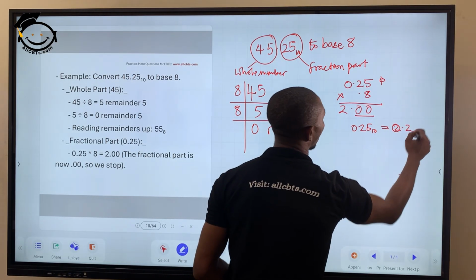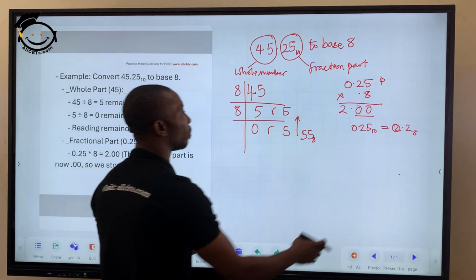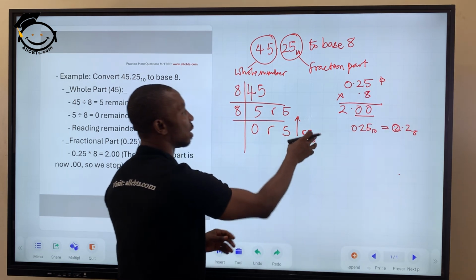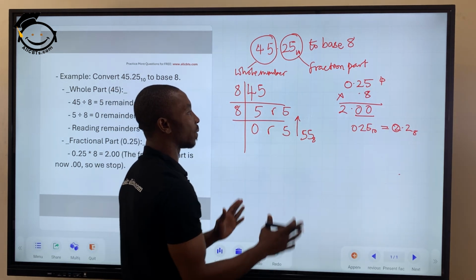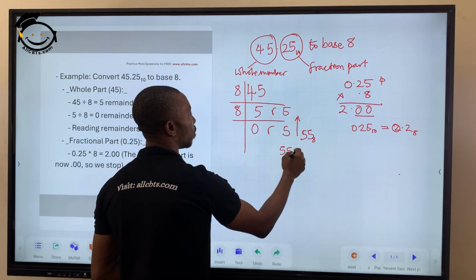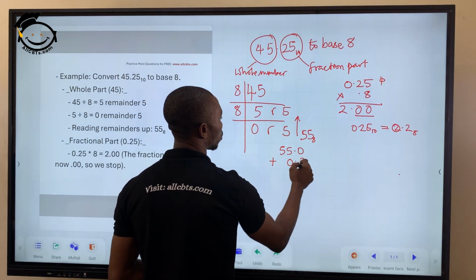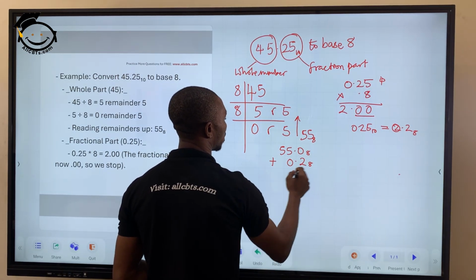0.2 base 8. So having that, we will now bring this fractional part and this whole number part together. This gives us 55.0 plus 0.2, all in base 8.